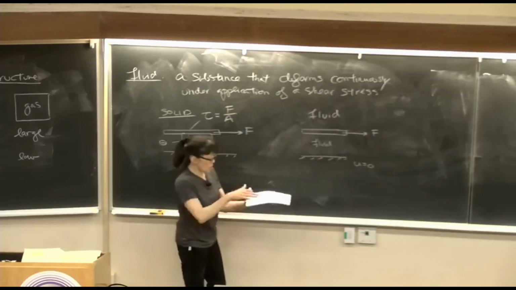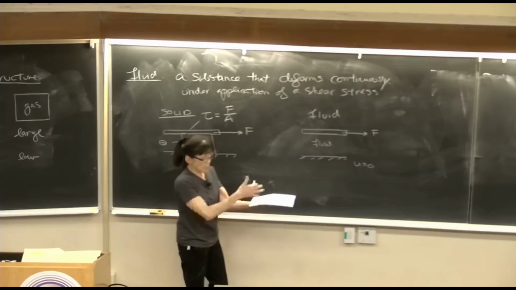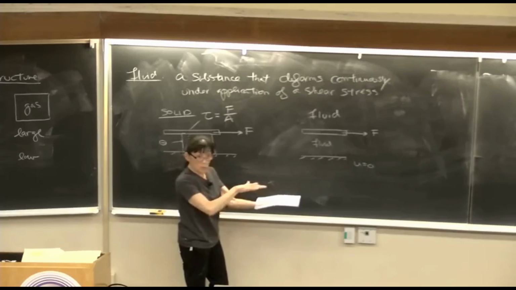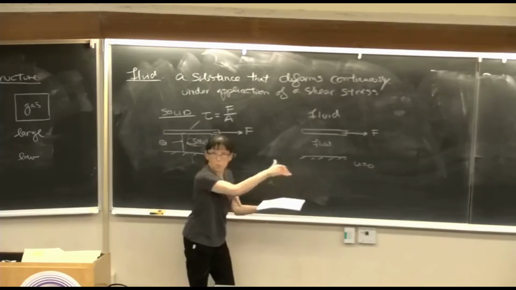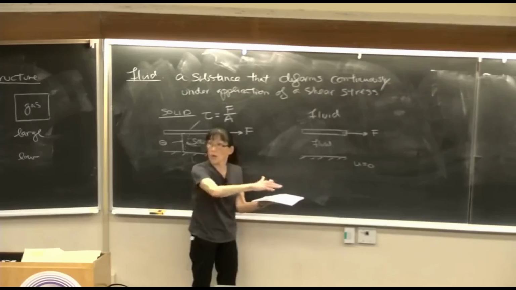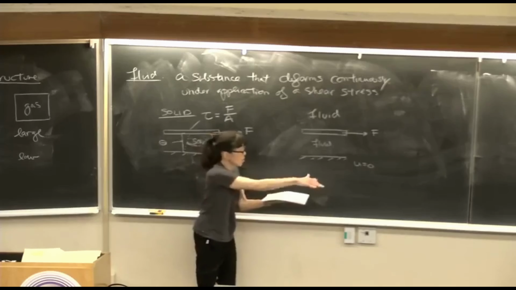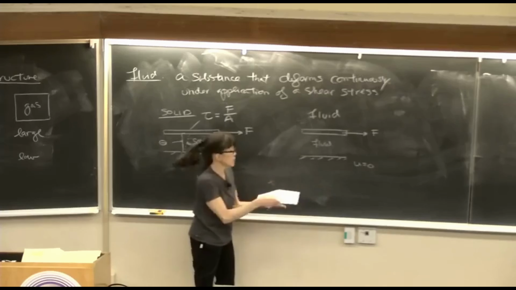If we have some tank with fluid, like water, and I just put my hand on the top surface and move it along so that I impose a force per area or a shear stress on the fluid, we know that the fluid is going to move.